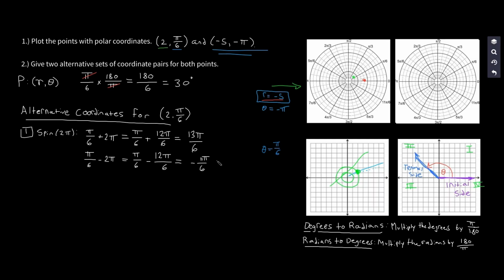And so the result is, if we looked at the 13 pi over 6, we could literally say that another way we could describe the point is 2 comma 13 pi over 6.